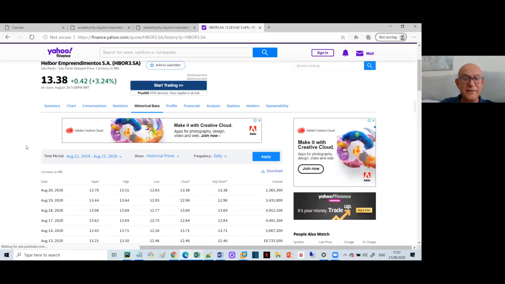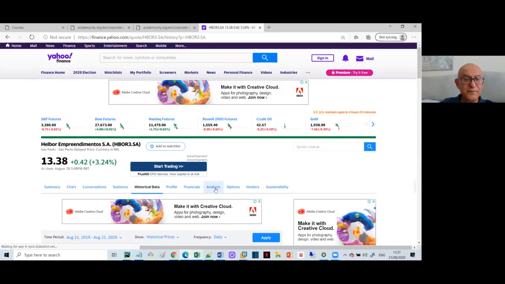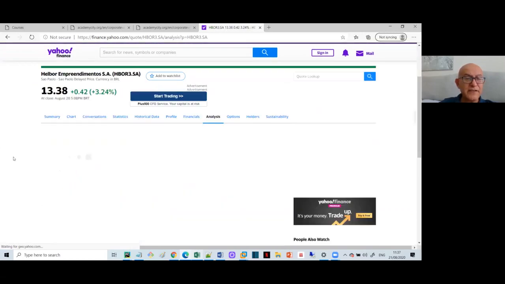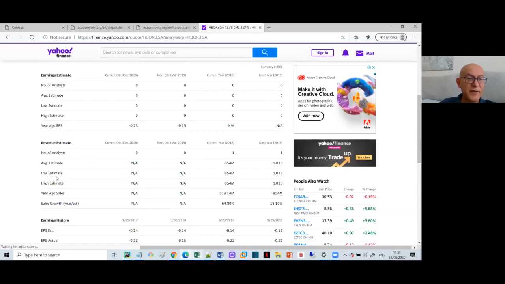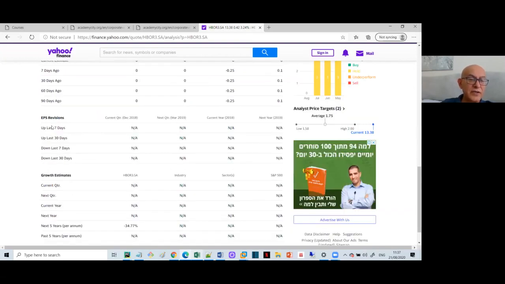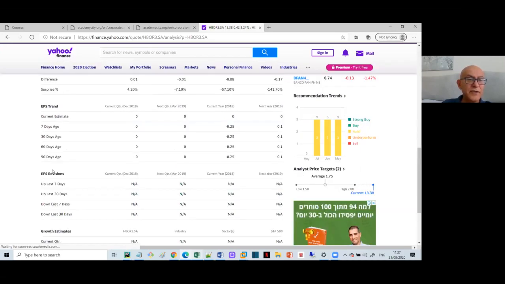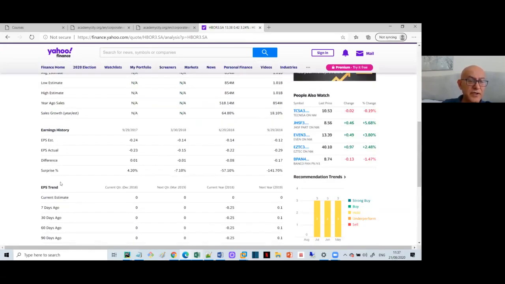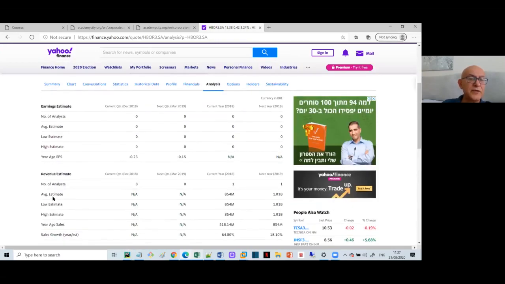Let's see if they have it in the analysis. See, they have these ratios. A number of analysts, low, estimated earnings per share. Here we have earnings per share, E over P. I always forget where to find it. We do have earnings per share, but where is the P over E? It should be here, P over E.